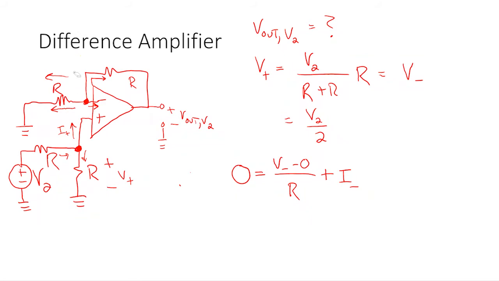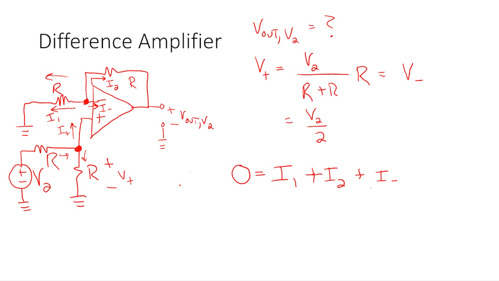So let's give these currents names. This is I1, this is I2, and this guy over here is I minus. So I'm going to say 0 equals I1 plus I2 plus I minus.